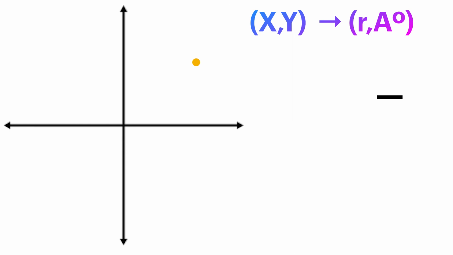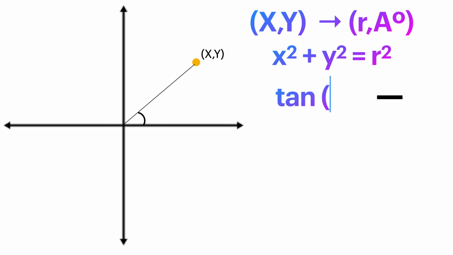Okay, so let's just say we have a coordinate system, and we have the point, I don't know, let's call it (x, y), and we want to turn it into (r, A). The obvious one is to calculate r, which is the square root of x squared plus y squared, because this is (x, y). Now we're going to try to find the angle here.